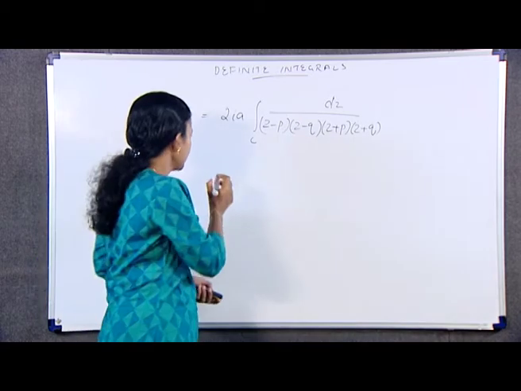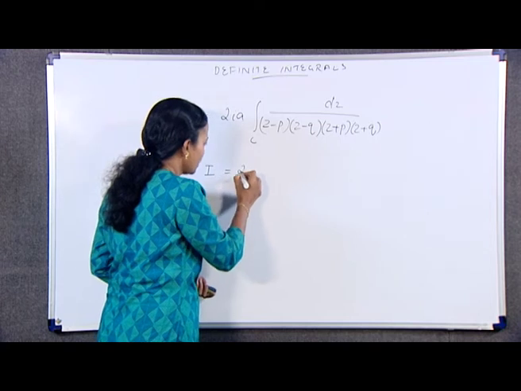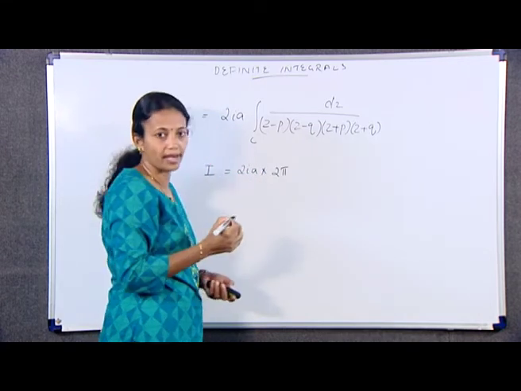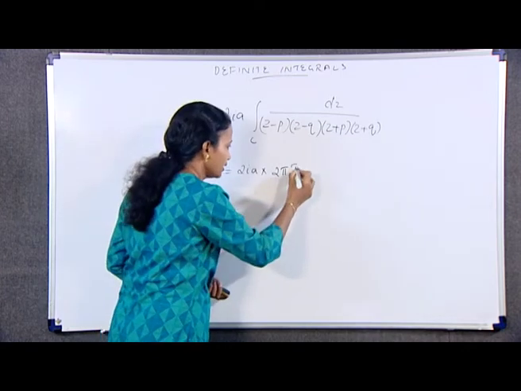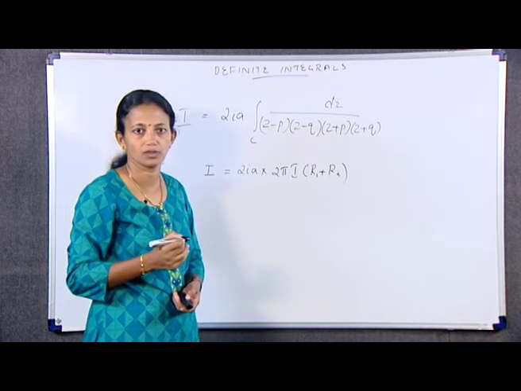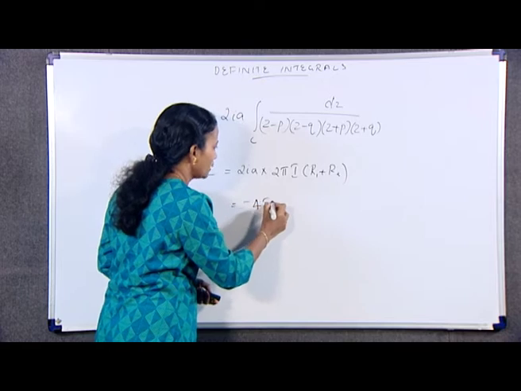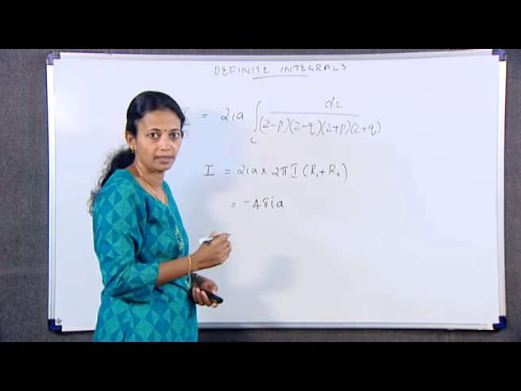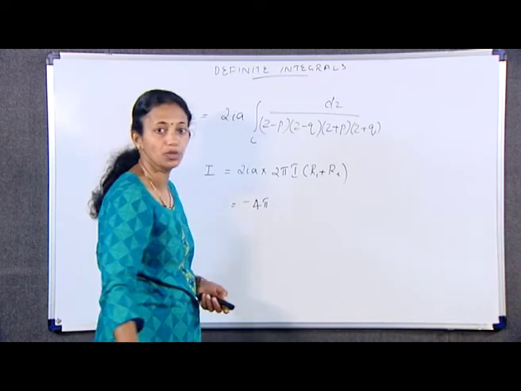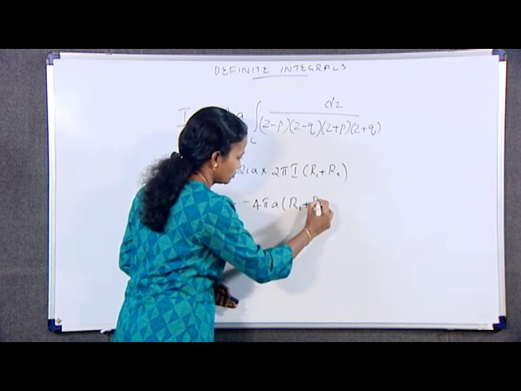Therefore, I is equal to 2iA into 2 pi i into R1 plus R2, which is equal to minus 4 pi into A into R1 plus R2.